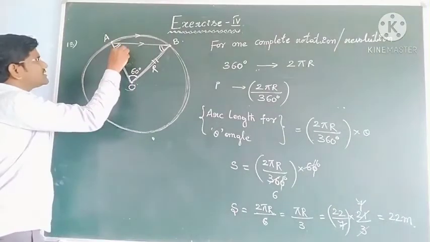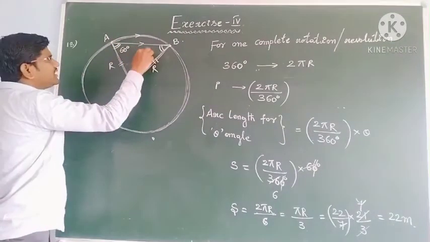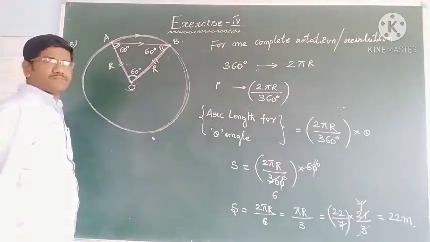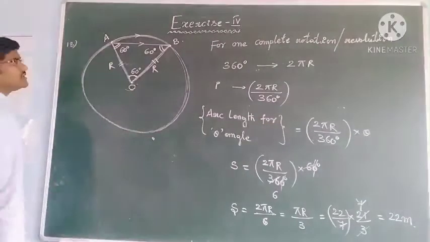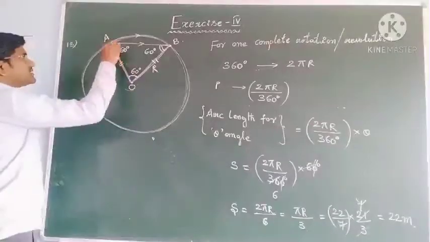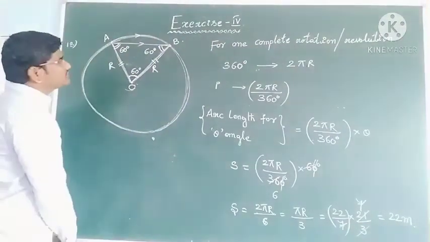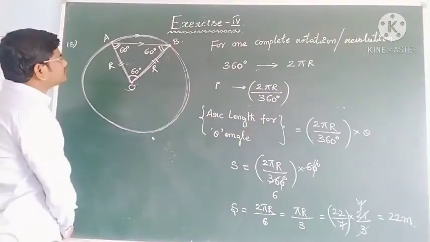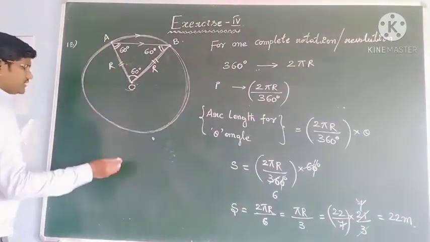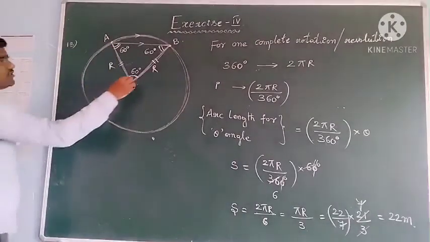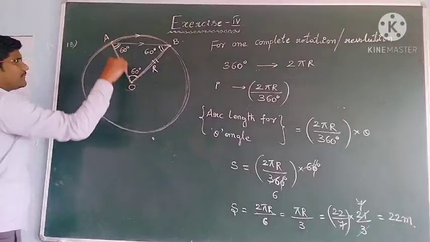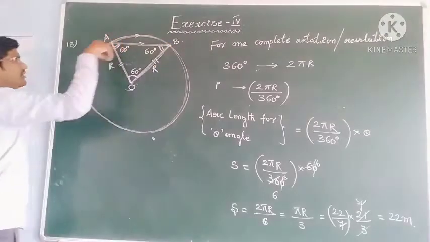So take this as 60 degrees, and take this also as 60 degrees. Okay, students. 60, 60, 60 you are taking. So then what will happen, you see, students? So you are getting an equilateral triangle here.